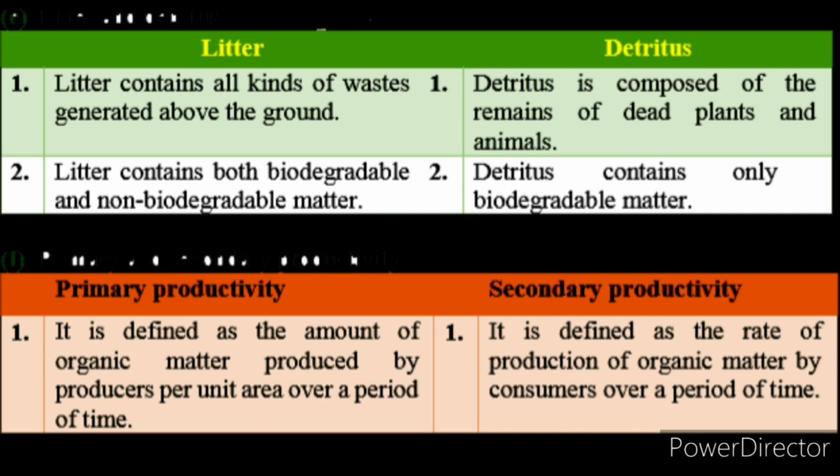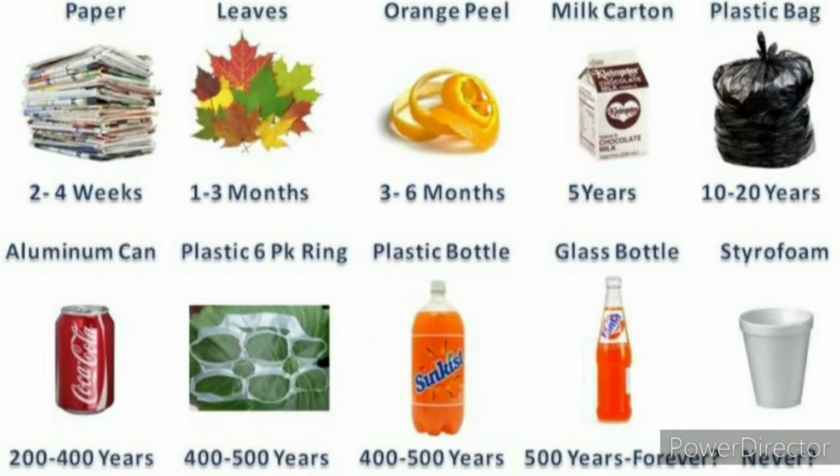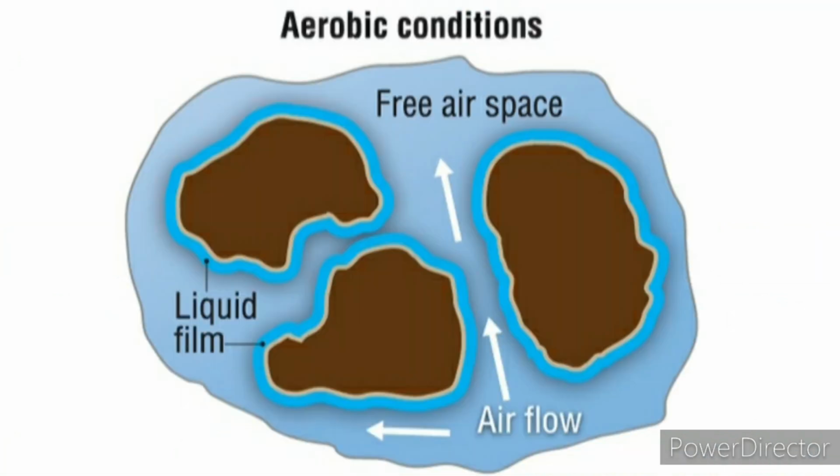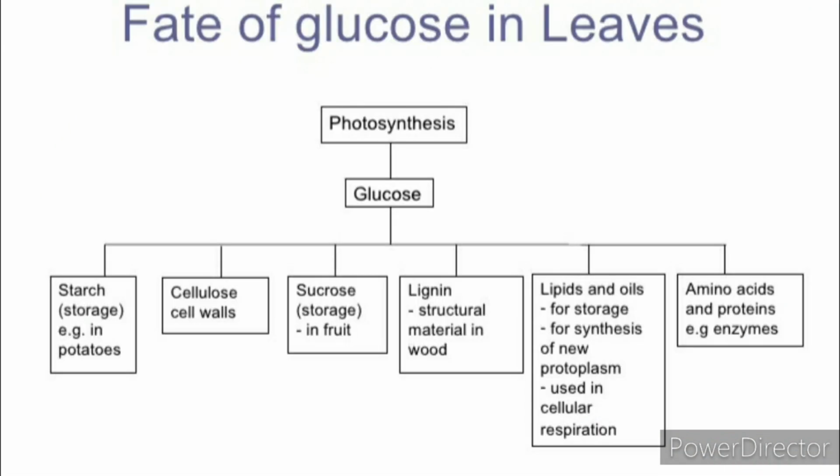From this image you can understand the difference between the litter and detritus. Actually, the chemical composition of detritus and climatic factors determine the rate of decomposition, and decomposition is largely an oxygen requiring process. The rate of decomposition is lower if detritus is rich in lignin and chitin.